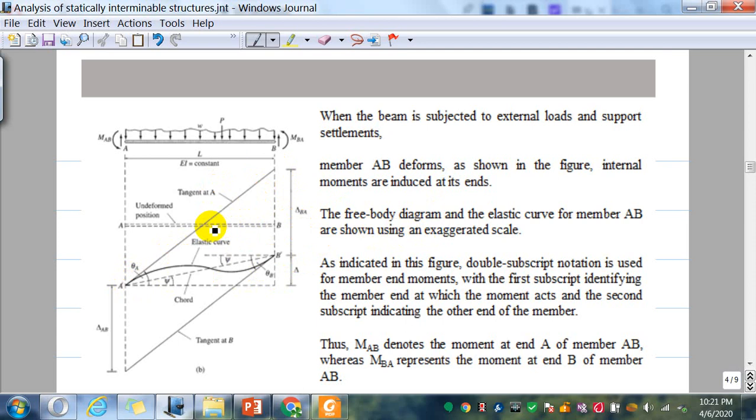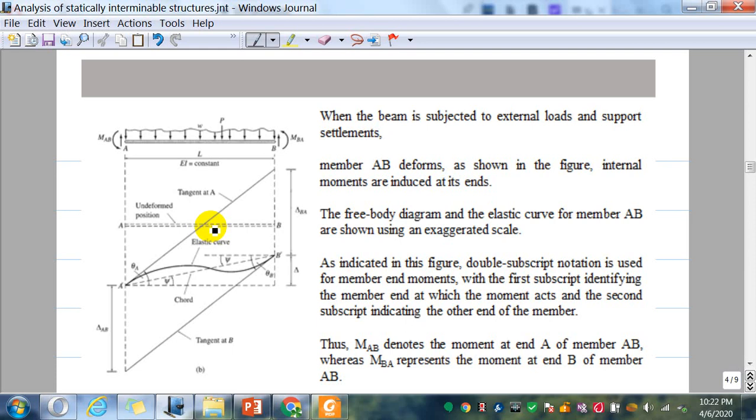You can imagine if you keep a ruler and deform the ruler, you can see that there are some moments induced at the supports. Just get a big 30 centimeter ruler, keep it in your hand and try to deform it, and you can see that there are some restraints that you have to provide using your fingers to prevent the rotation. So that is what is happening inside a beam.